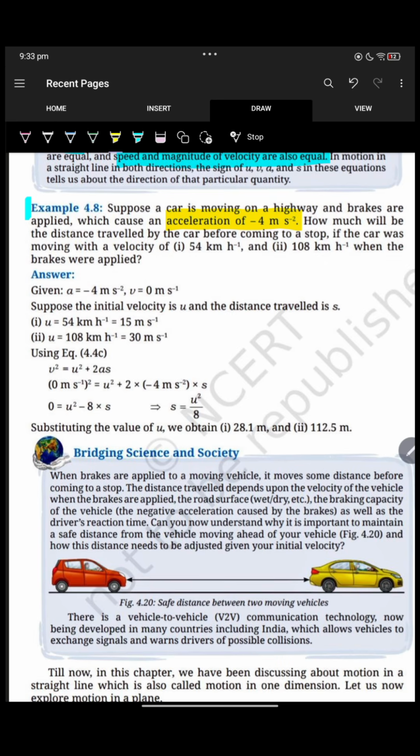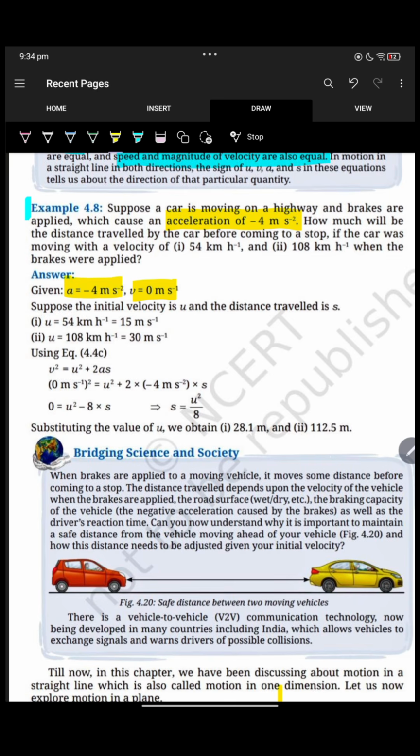How much will be the distance traveled by the car? So you have to find S, right? S is unknown. Before coming to a stop, that means the final velocity is 0.